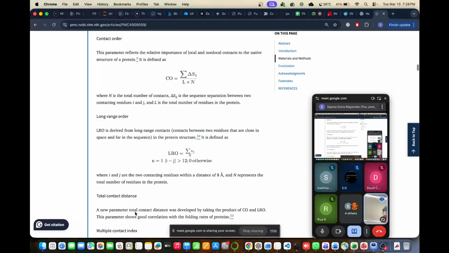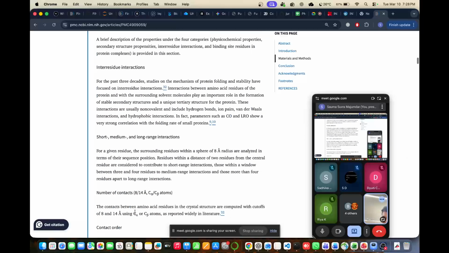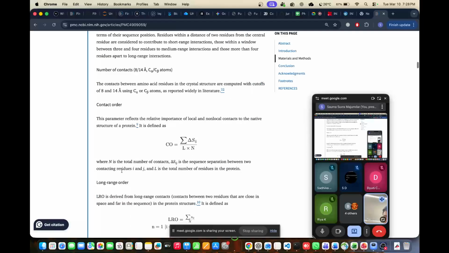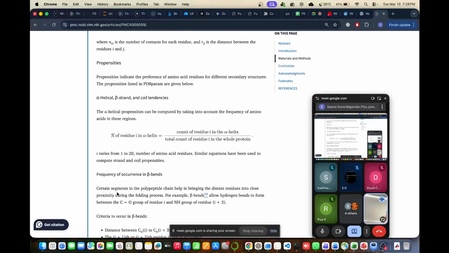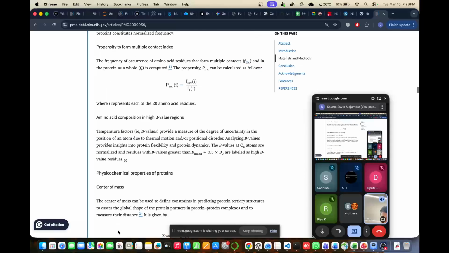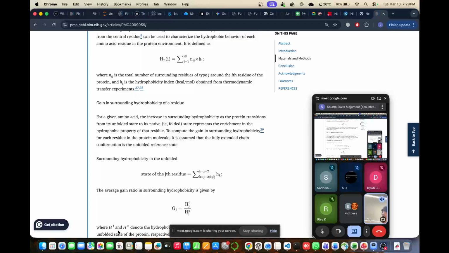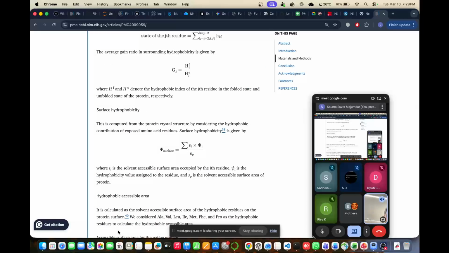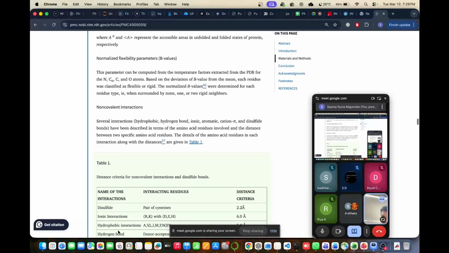If you go to the methods, they tell you what parameters they have considered: interresidual interactions, short, medium, long range contacts, number of contacts, propensities in terms of percentage of alpha helices, amino acid compositions in different turns, physiochemical properties including center of mass, radius of gyration, hydrophobicity, which is very important, surface hydrophobicity, and accessible area, SA, that we discussed last time, buriedness of the motifs of the amino acids, which we also discussed earlier, and so on and so forth.